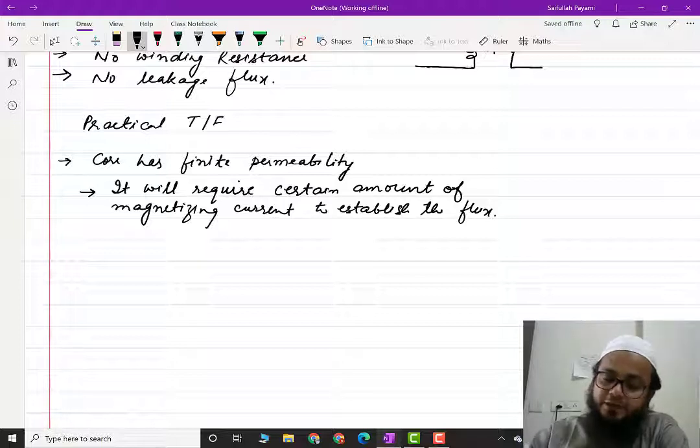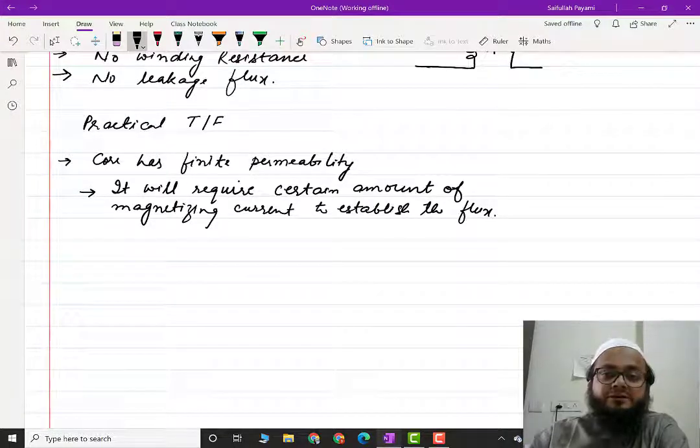So it will require a certain amount of magnetizing current to establish the flux.